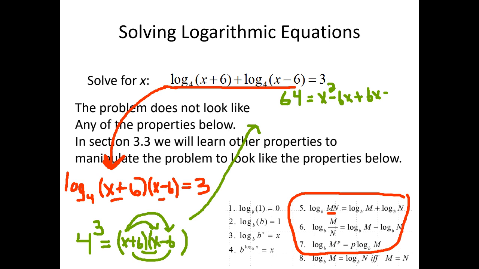Okay, so if we gather our like terms, we get 64 is equal to x squared. These are going to be 0 minus 36. Okay, so it's still quadratic, but I only have an x squared term, so I can add 36 on both sides so that I can isolate my x squared.